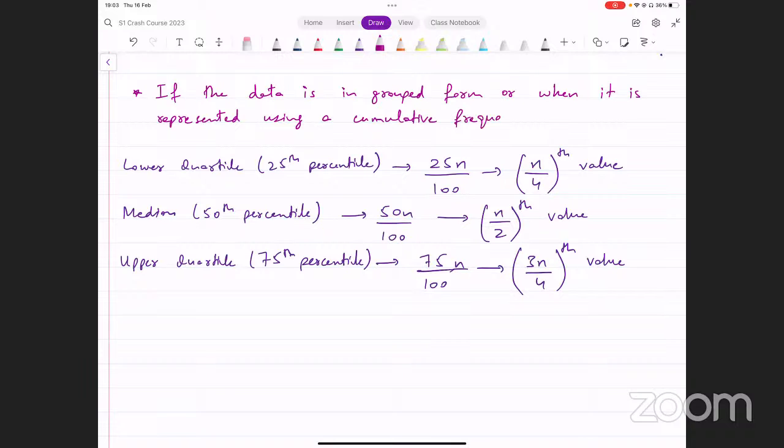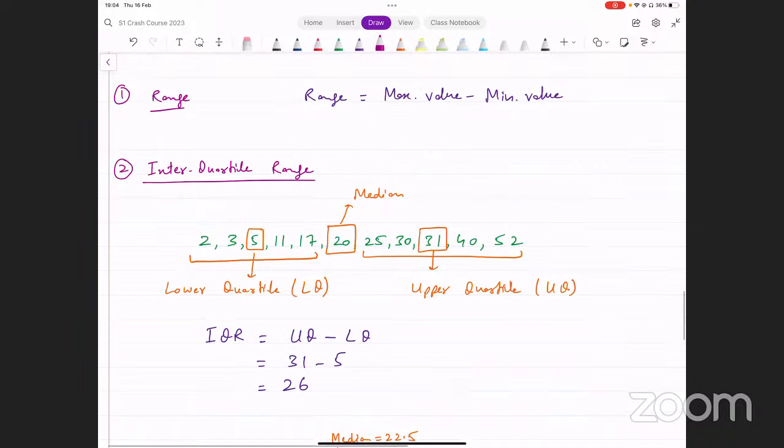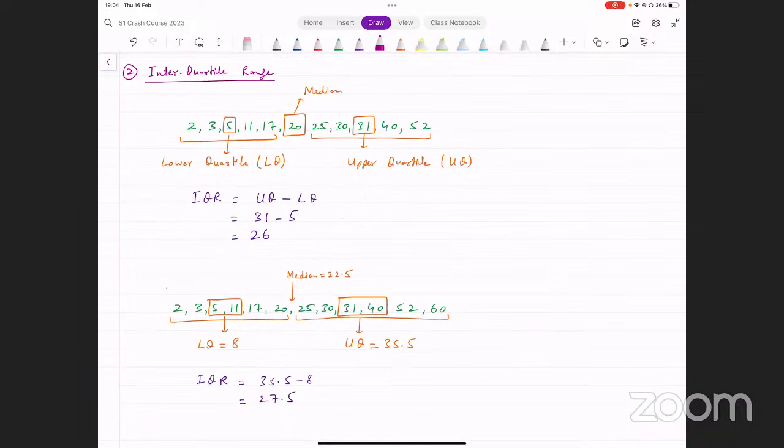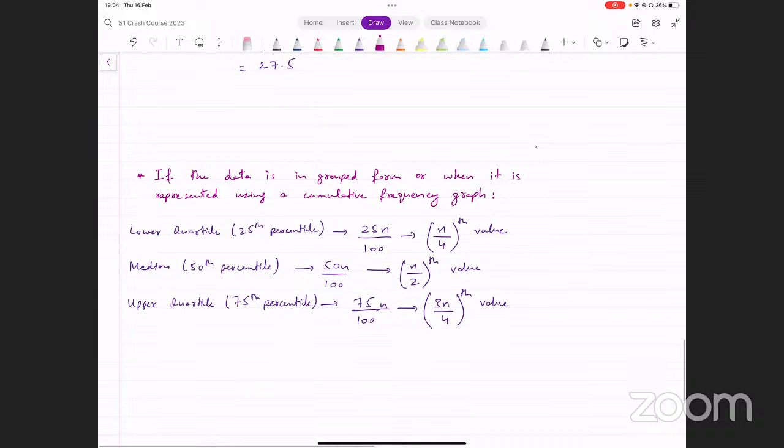If you had to find the median, lower quartile, and upper quartile from that graph, you use these formulas, but you don't use them for ungrouped data. For ungrouped data, this is the process that we did earlier. Keep that in mind.